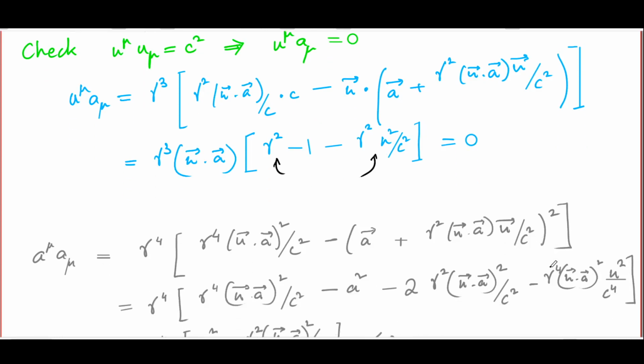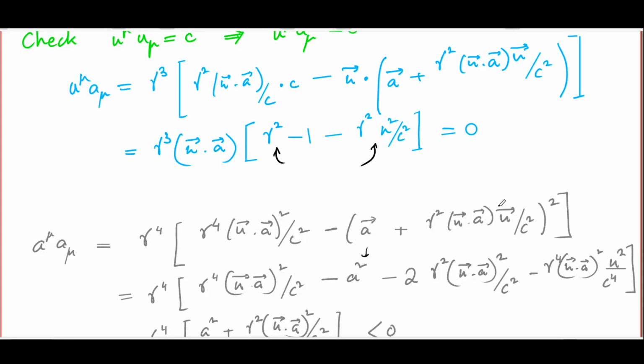Now this expands out into a rather formidable looking expression. This a becomes a square, then this twice ab term gives you this quantity, because you are going to do a dot product of a with u and the factor of 2, which is always there in the 2ab term. And then you have gamma to the 4 u dot a whole square, u square by c to the 4.